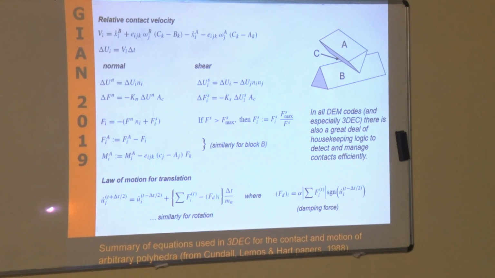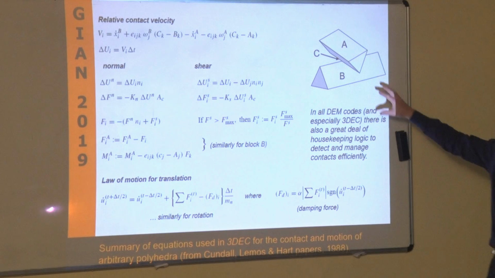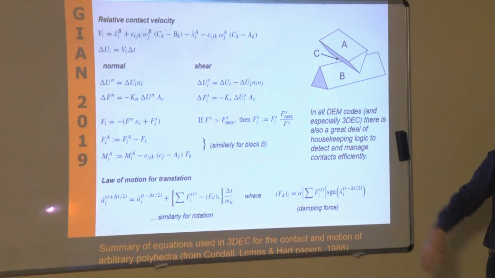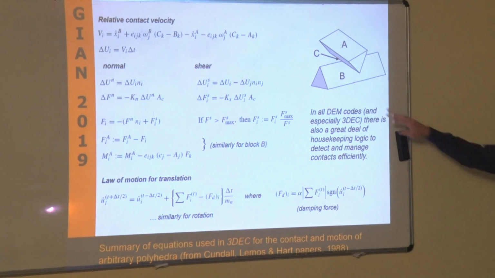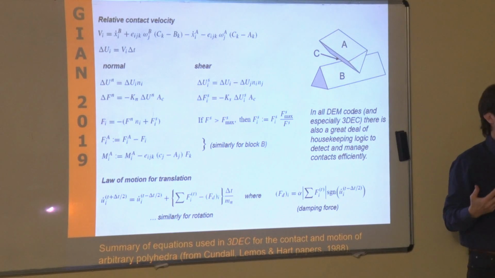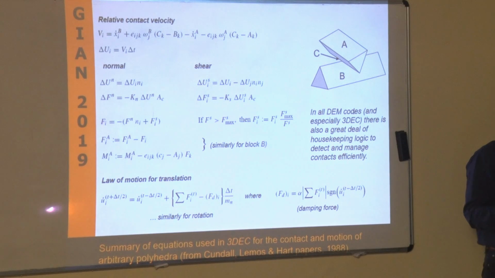Okay? That is pretty much what you're doing. So you're using the law of motion, translation, rotations, and you allow the contact to have normal and shear forces. That is pretty much what you need to know as the basics, as an idea.